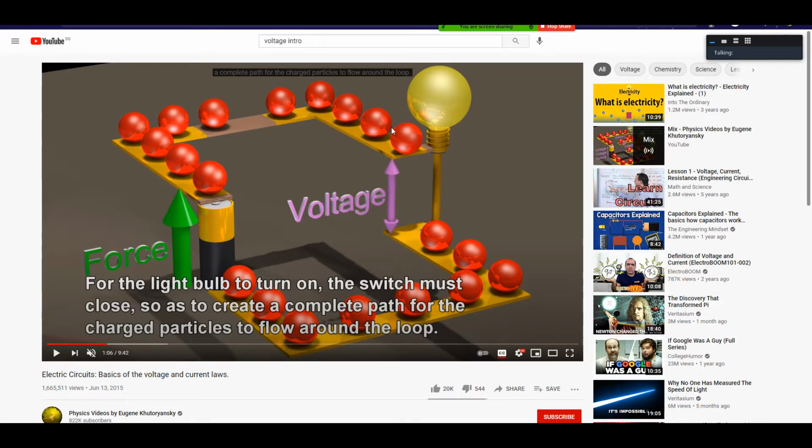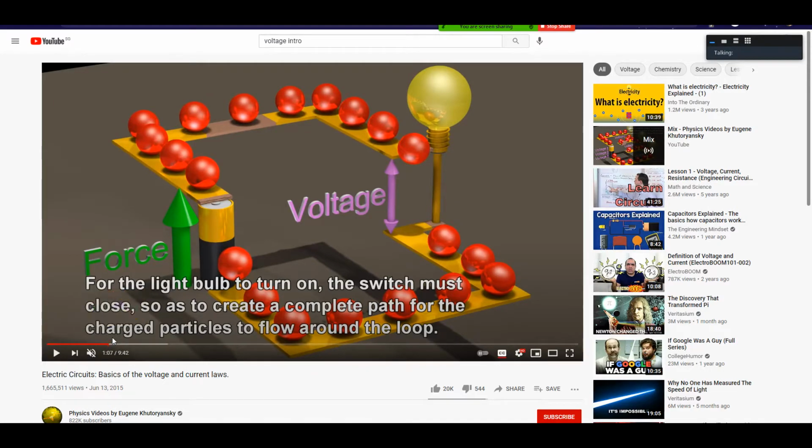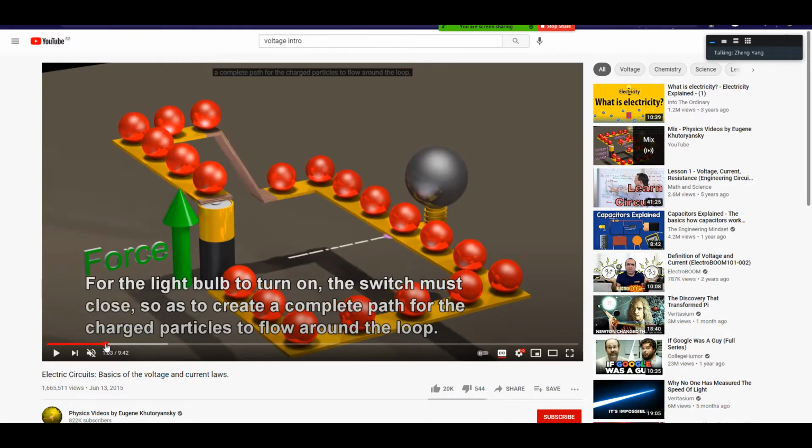So what's happening here is that the electrons are actually flowing, and as it uses up its energy, it goes downwards in this illustration. So it's losing potential energy, just like how a ball loses potential energy when it's being thrown from a certain height downwards. Okay, did I make myself clear, or you need explanation again? Yeah, I think kind of.